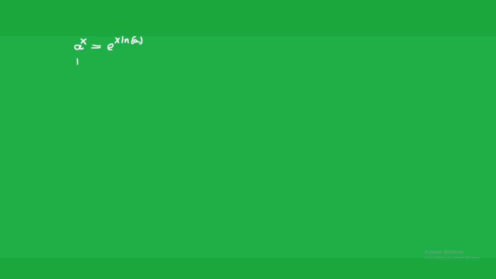Okay, so now that we've established that, I'm going to take the derivatives of both sides, so implicit differentiation. I'm going to say d over dx of a to the x is equal to d over dx of e to the x ln of a, and hopefully you can see that this is a chain rule problem.